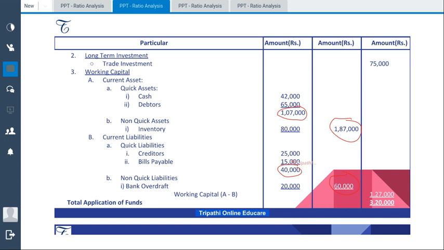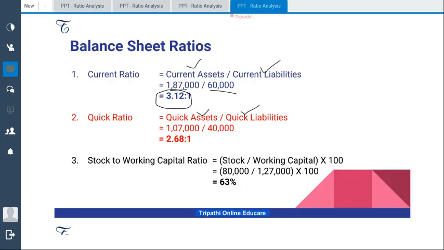So 1,07,000 upon 40,000 will give you 2.68:1. So in this case, the quick ratio is 2.68:1.